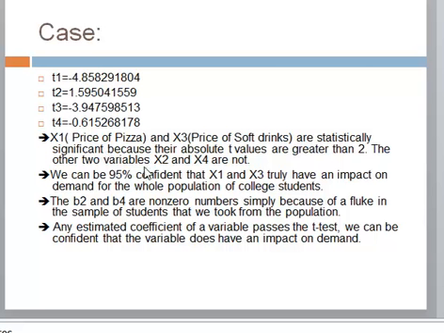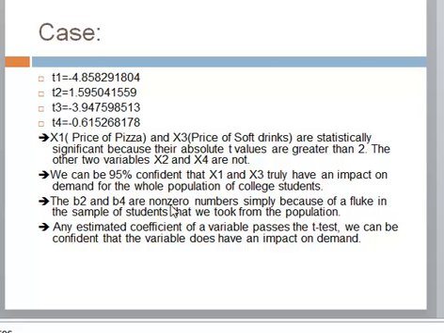The other two variables, x2, the tuition, and x4, the location, are not. We can be 95% confident that x1, price of pizza, and x3, price of the related product, soft drinks, truly have impact on demand for the whole population of college students.